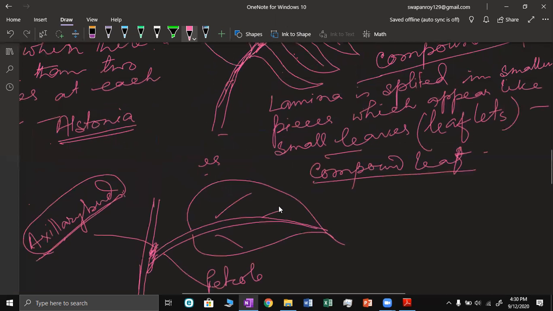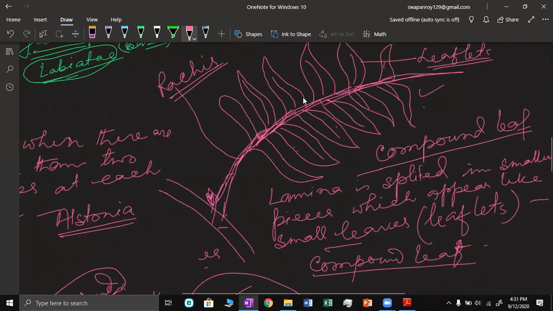But if the leaf is compound, you will find the axillary bud here, at the axil of the leaf. But at the axil of the leaflet, there is no bud.